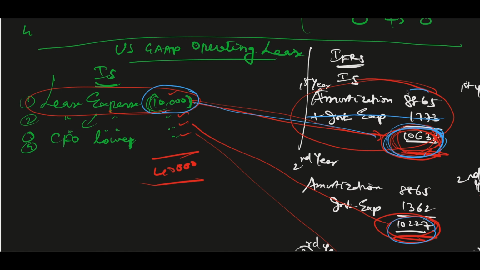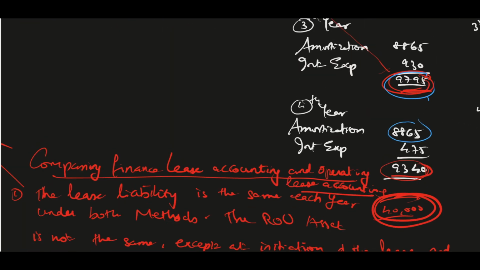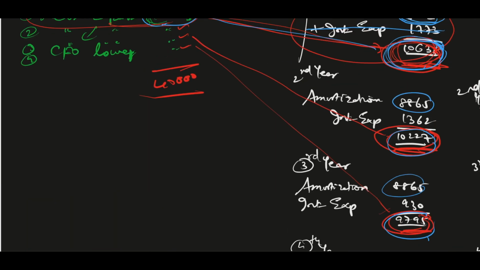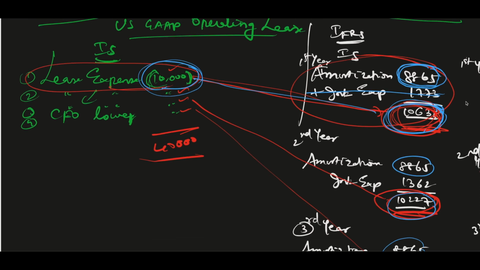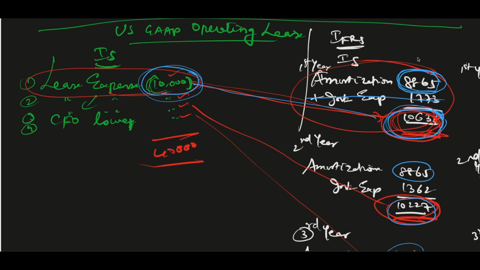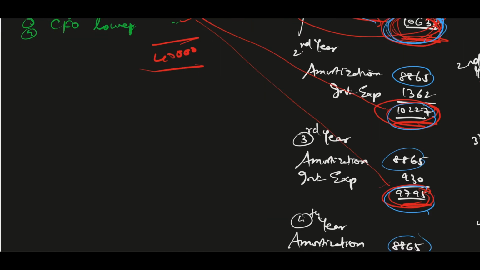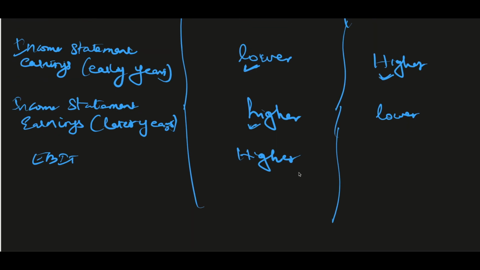When you don't consider the interest, you are just reporting 8,865, suppose, because you are not going to count interest expense. So you are going to count only 8,865 each year. Now all these 8,865 are lower than 10,000. So because all these are lower than 10,000, your earnings in IFRS will be higher. So earnings is always higher here, and here earnings will always be lower.